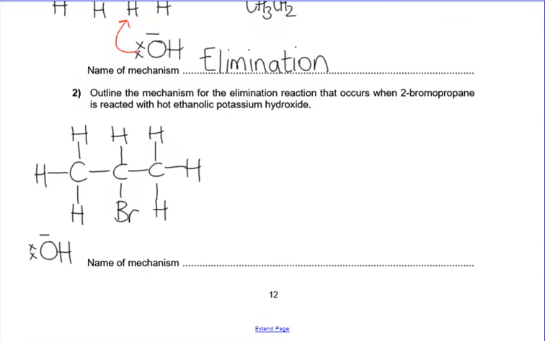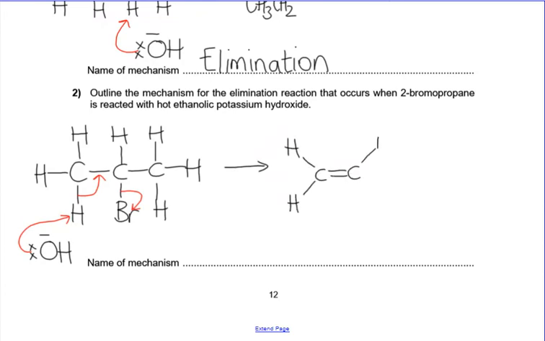So it wouldn't matter if you've gone for a hydrogen on the right of the bromine, that's fine. I'm going to go to the one on the left, as long as where you break the carbon-hydrogen bond corresponds to where you collected the hydrogen from. A little mechanism going on like that to make propene.